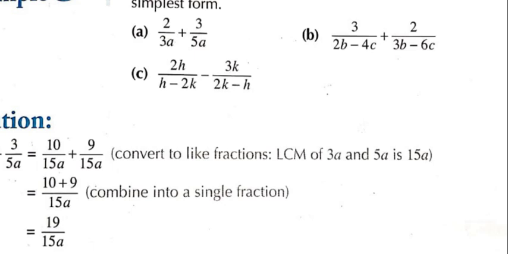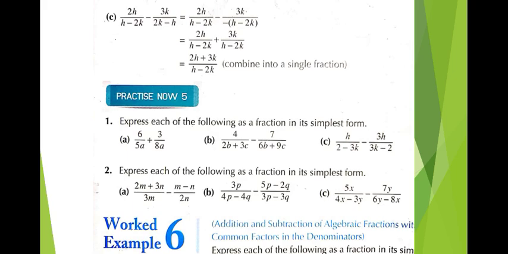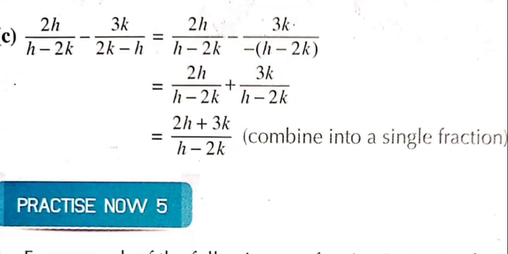Of course, you pull out minus from either here or here. Yes, correct. You pull out minus from 2k minus h, and then that changes to h minus 2k. Yeah, that's the trick.